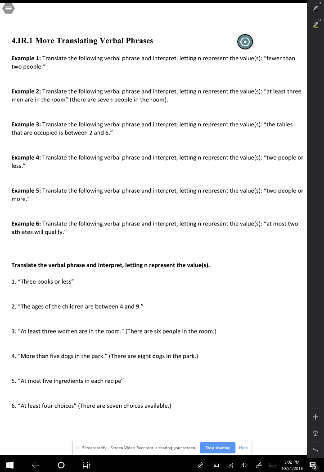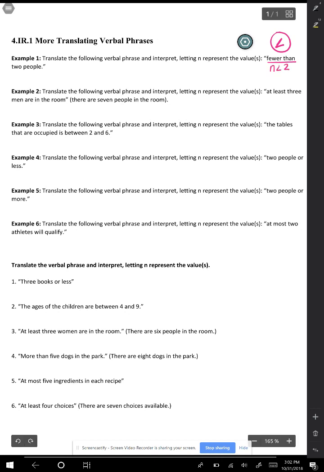Our first example is to translate the phrase, let n represent the value or values, and it says fewer than two people. So the first thing you ask yourself is, fewer than means less than. That's the mathematical symbol, less than. So we could say n is less than 2.